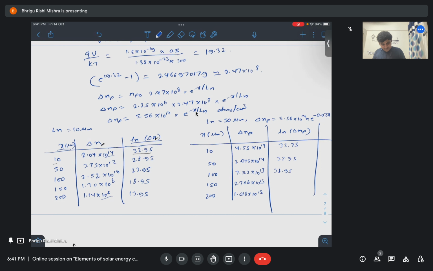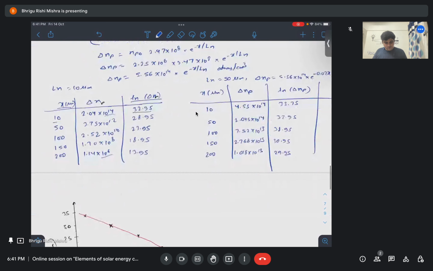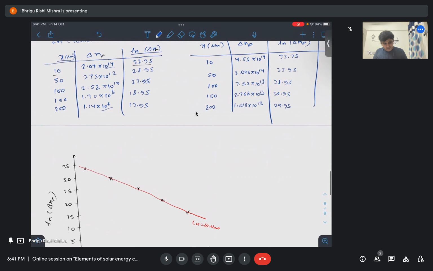Now the next one is 2.768, so this is 30.95, and the last one is 1.018 into 10 to the power 13, so this is 29.95. Okay, so it's almost a straight line.